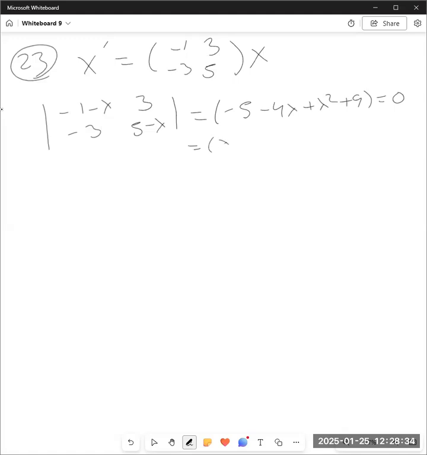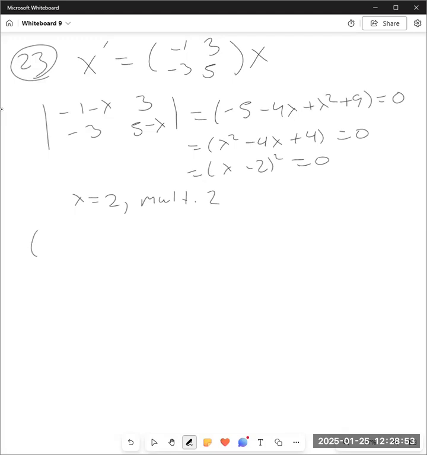So that's lambda squared minus 4 lambda plus 4 equals 0. This is (lambda minus 2) squared equals 0. So lambda equals 2 with a multiplicity of 2.